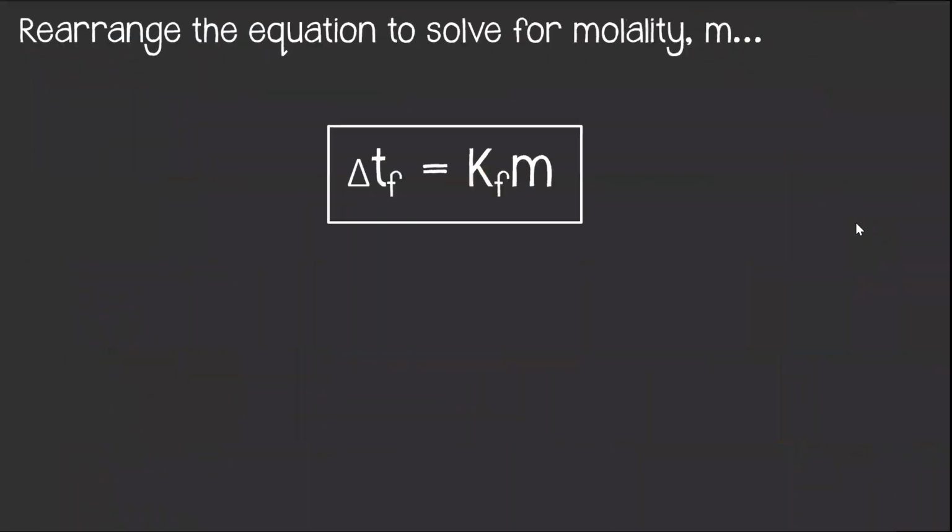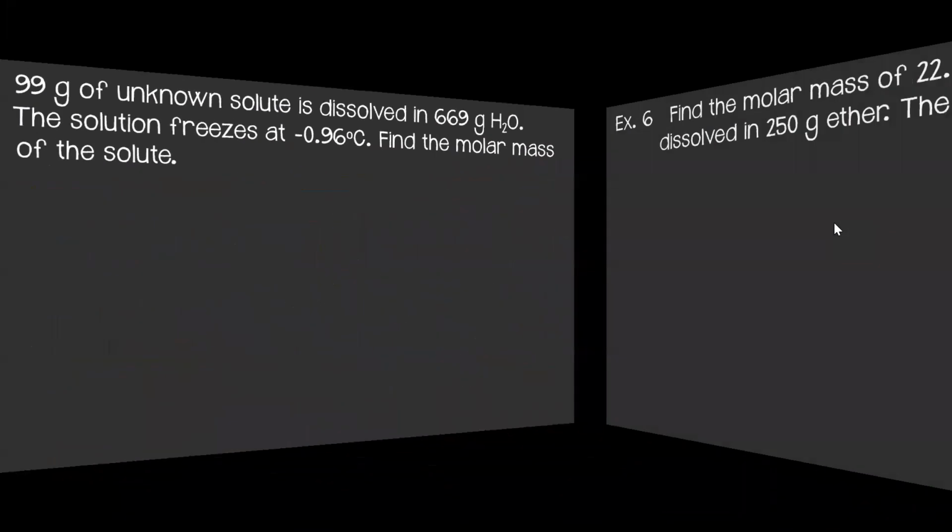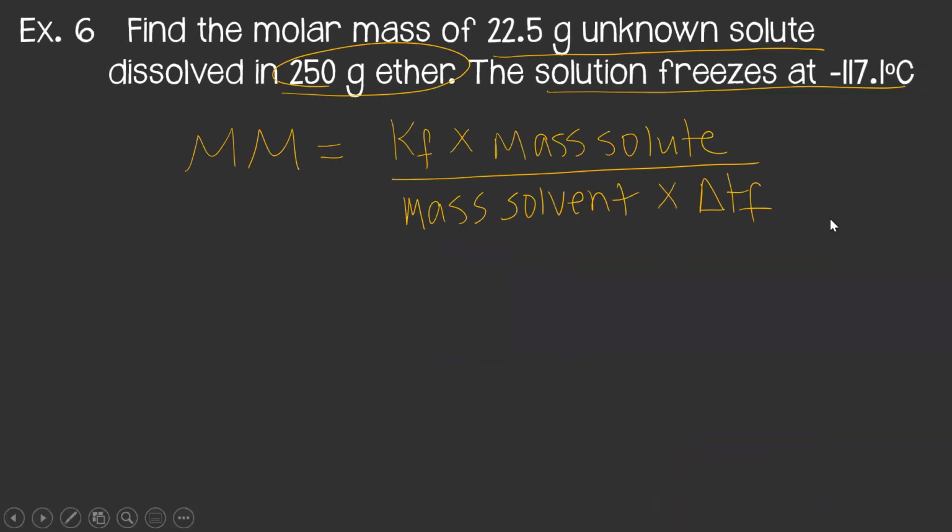So let's go back to the problem. Okay, so my KF for ether is negative 7.9.